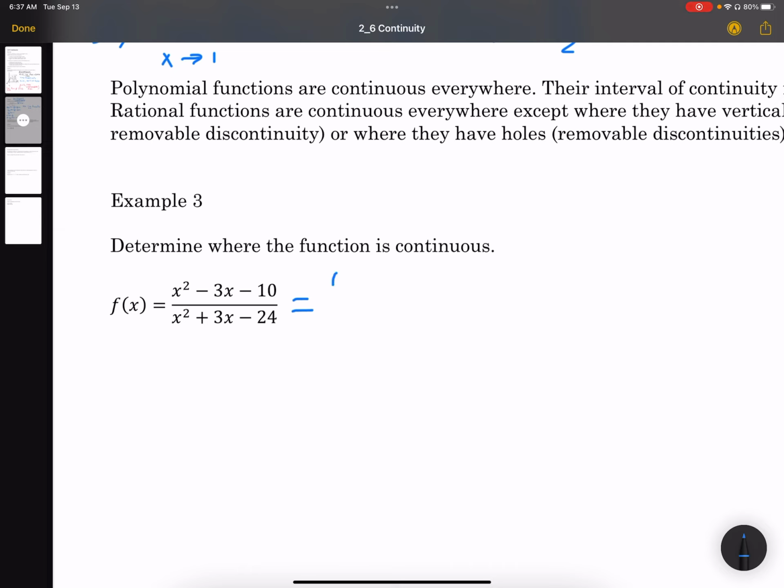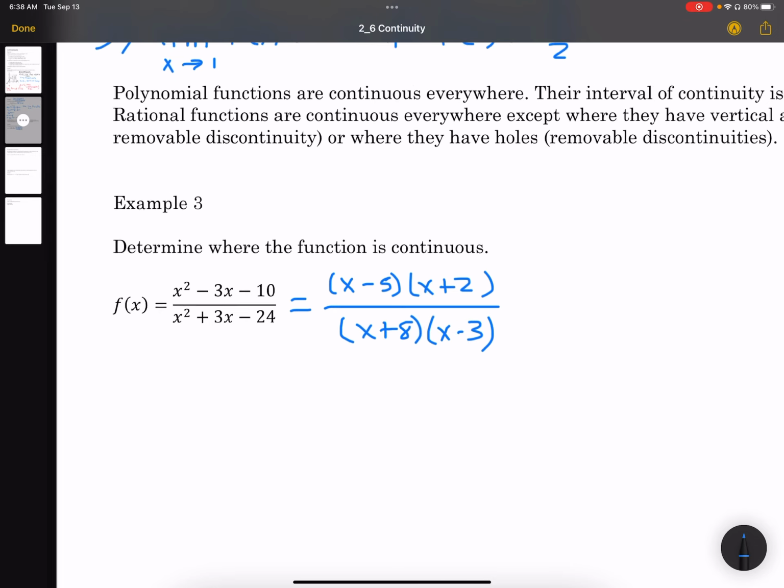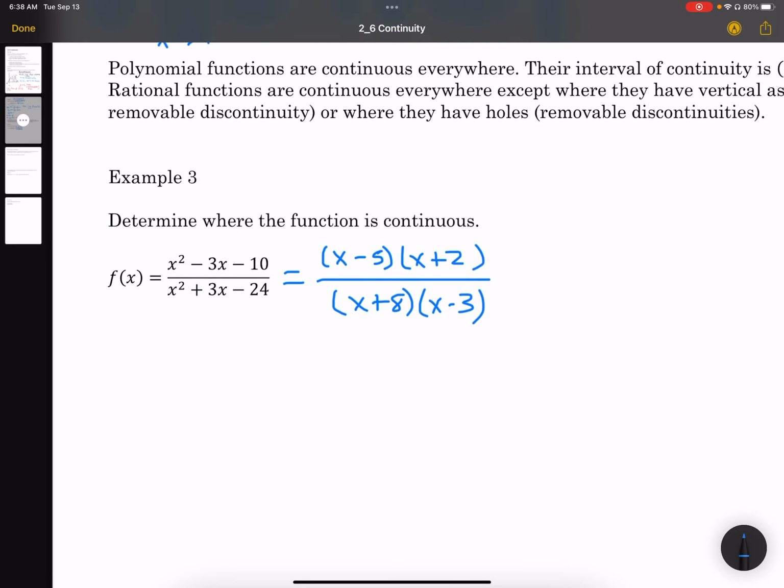So we're going to factor the numerator to be x minus 5 times x plus 2. And our denominator factors to be x plus 8 and x minus 3. So it seems like we have two vertical asymptotes.